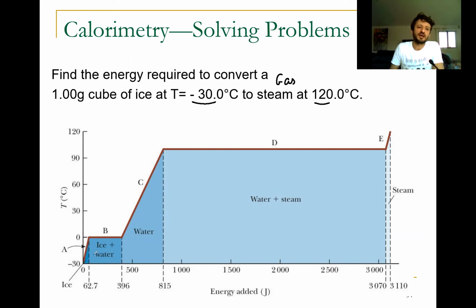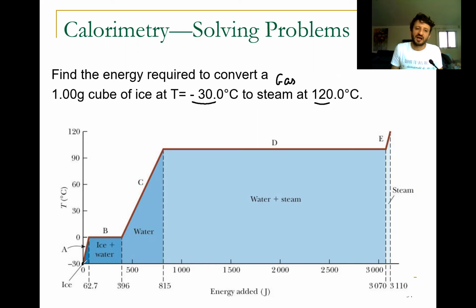First of all, here we have the y-axis, the temperature, in terms of the energy added. Initially, we have the cube at -30. I want to add some quantity of energy to convert the ice from -30 to 0.